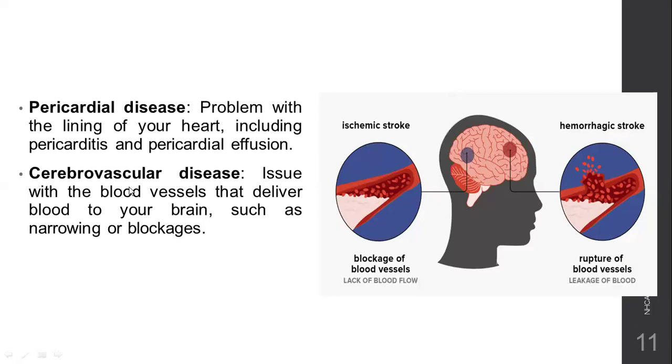Cerebrovascular disease. Since we are dealing with blood vessels in this topic, even the blood vessels that supply blood to your brain can also have an aneurysm. If you remember, we just now discussed arteries.